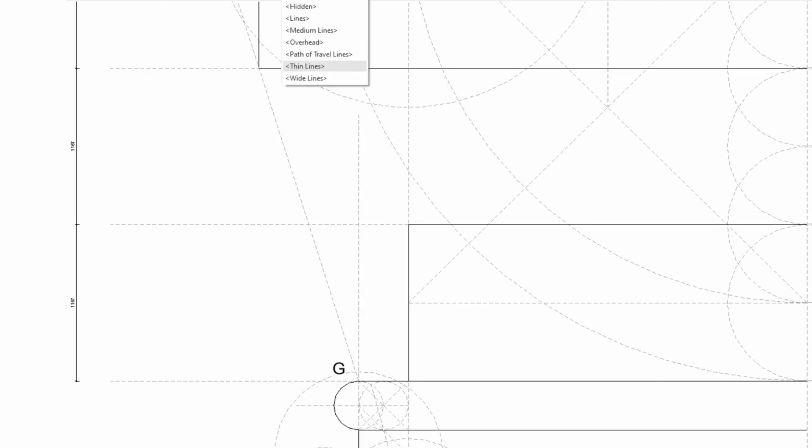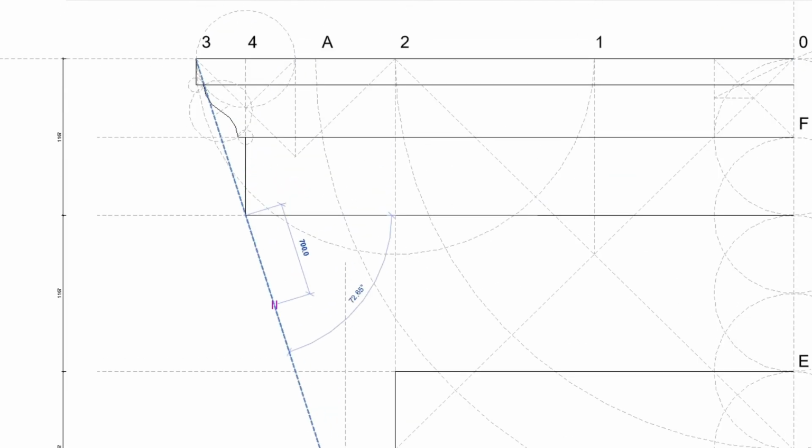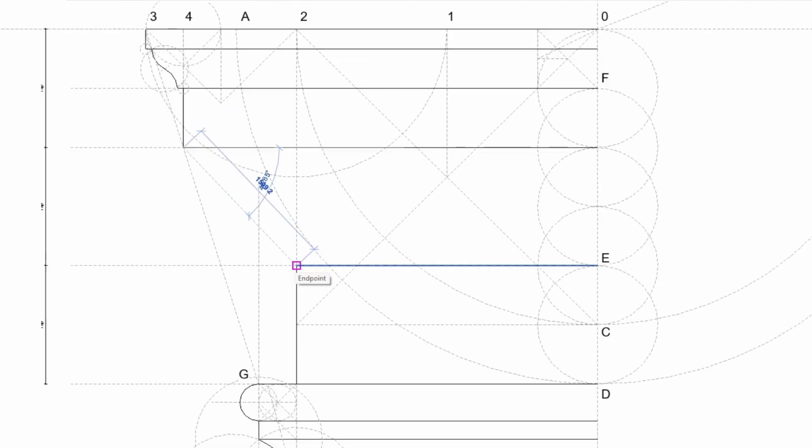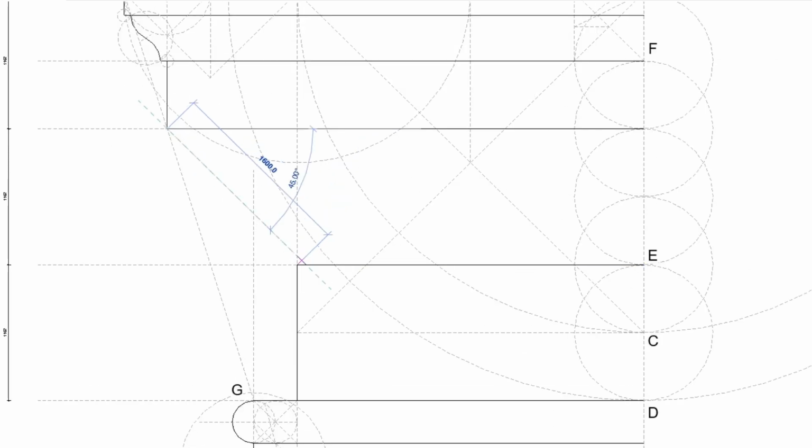Literally just go from the corner of the lower abacus to the inside column, right? That top of the bottom third right there, horizontal with point E. That's the construction we need.